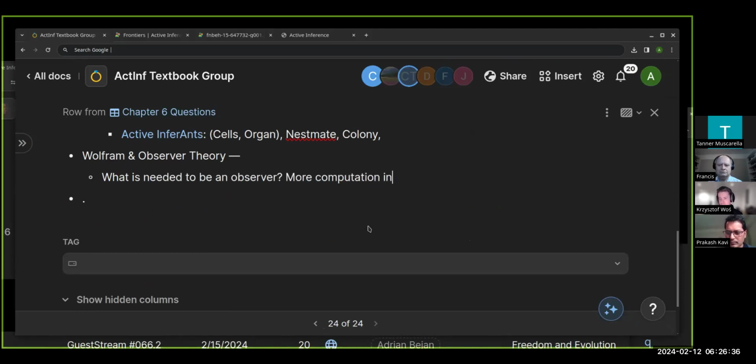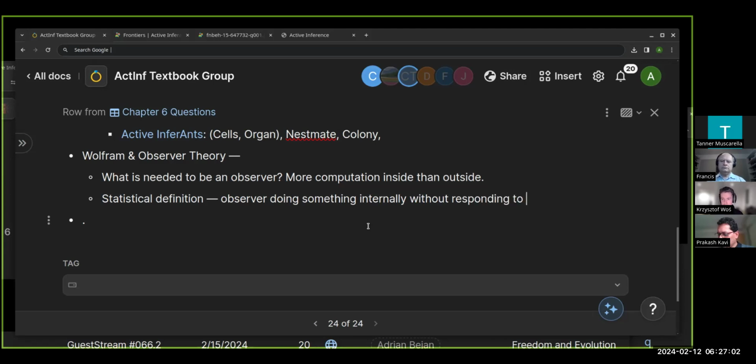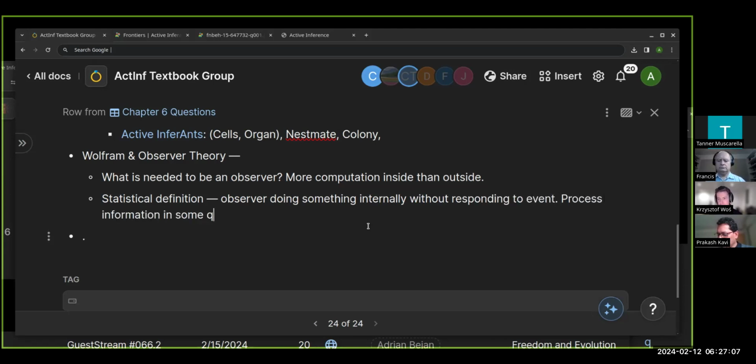So the statistical definition of a Markov blanket is kind of very confusing to me. What does the statistical independence really mean? Well, it really means that the observer or the agent is going to do something internally that you can't readily predict from just looking at it without it actually responding somehow to the event. So some information is coming in, it has to process it in some way, and it will eventually react in the environment.